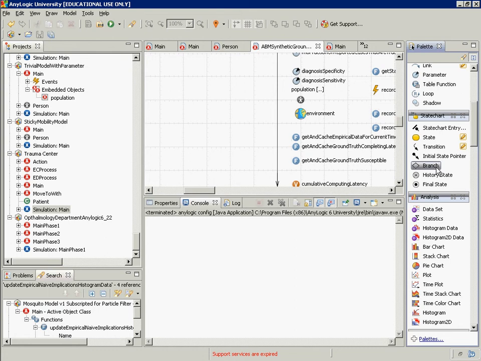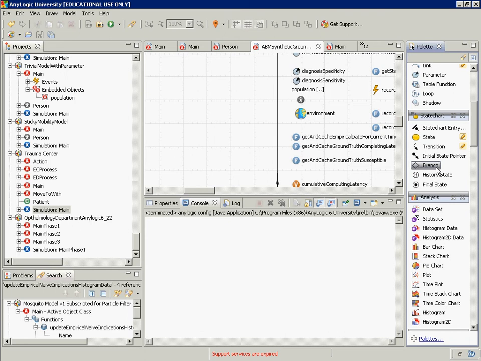What's another way to do it in AnyLogic? A guard. Excellent. Instead of having a transition and a branch, you could have what's called a guard. The guard will determine, okay, this transition could go off. Is it really going to go off?